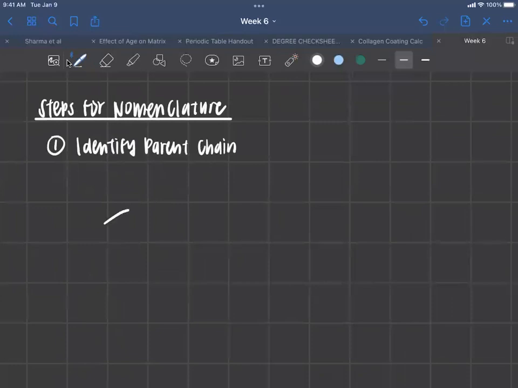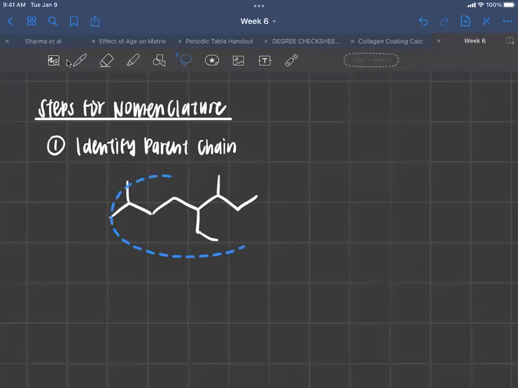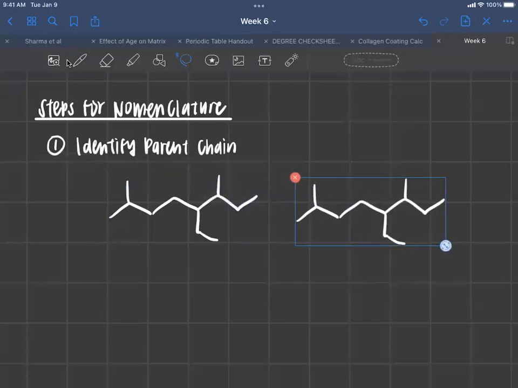I'll go ahead and draw 2 of the exact same molecules. So just quick eyeball, I think this linear chain looks long to me, and this curved one here looks long to me.